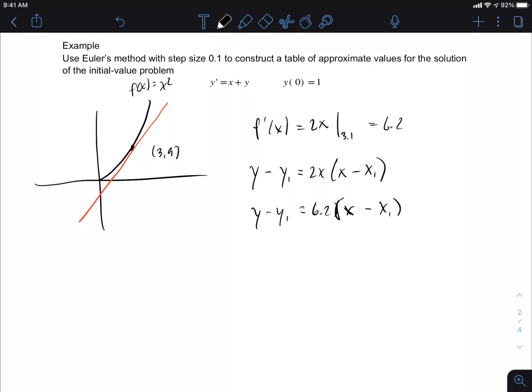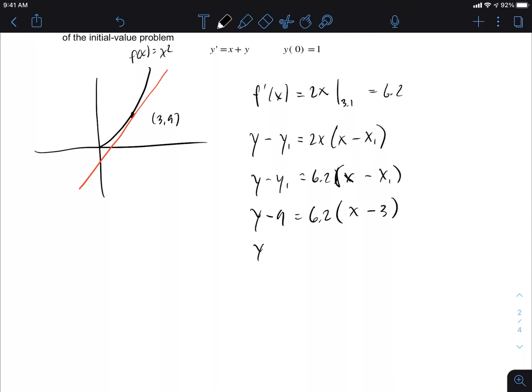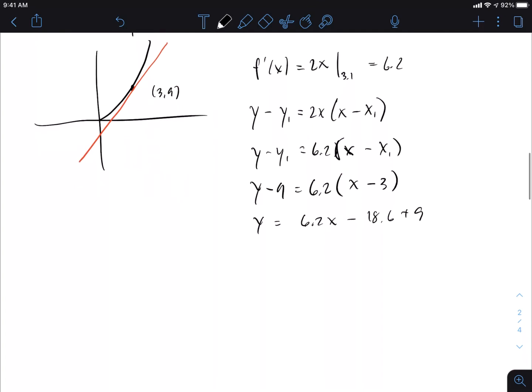And then we should get the initial of this is equal to this. What is that? 18.6 minus 9, or oops, plus 9, which should give me 6.2x minus 9.6, correct? Did I do that arithmetic correct? I might not have. I think it is. Let me just double check my numbers.